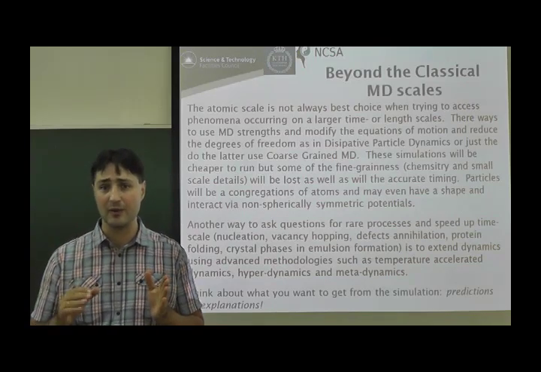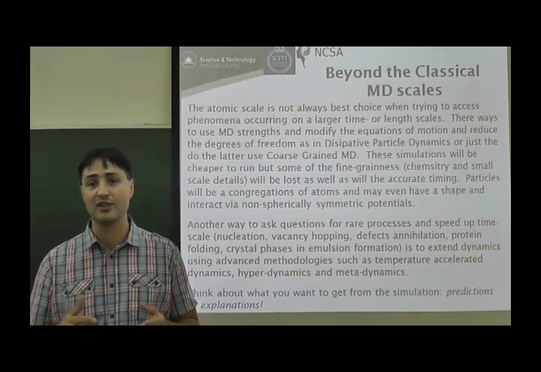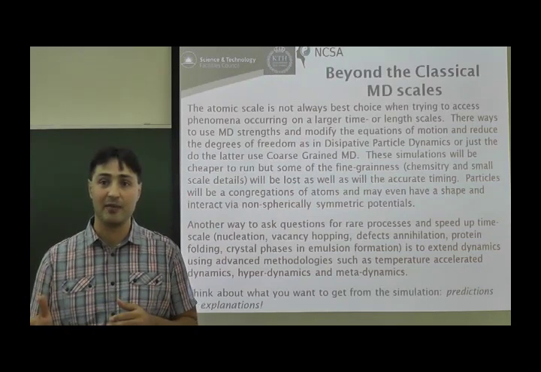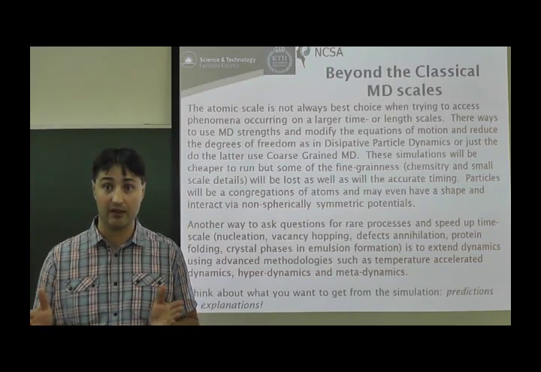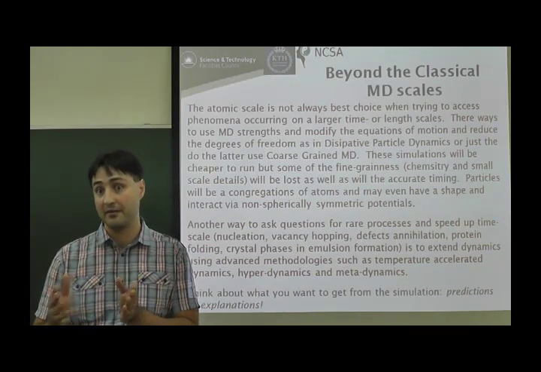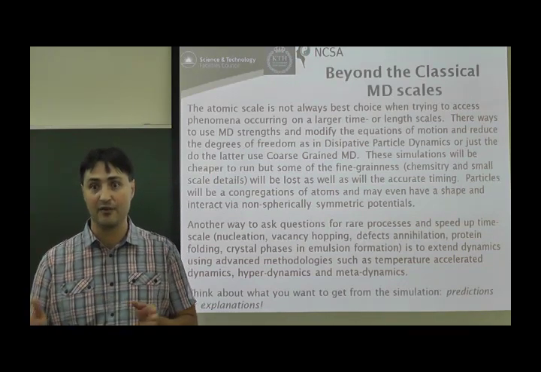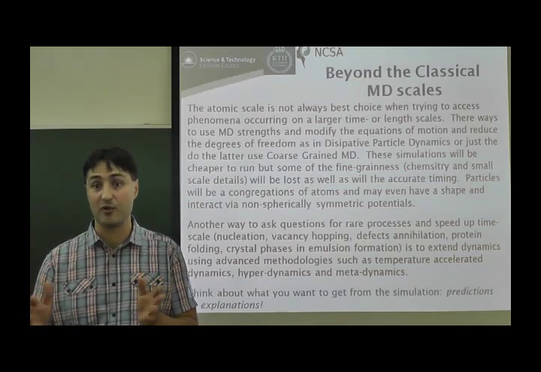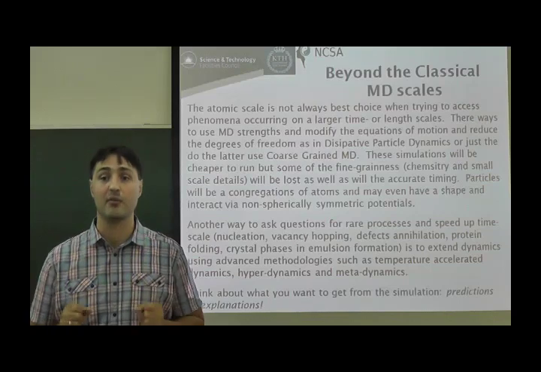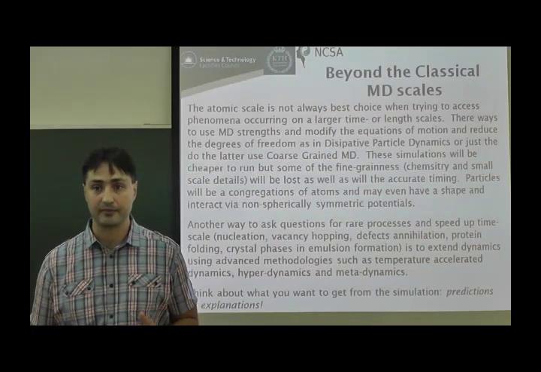And of course, when we do this mimicking, we will lose the accurate timing. However, we can relate to real timing later on, and it's not important whether something happens on a time scale of 5 seconds or 10 seconds. If we know it happens on the scale from 1 to 10 seconds, it's important to see that phenomenon using the methodology that we have.